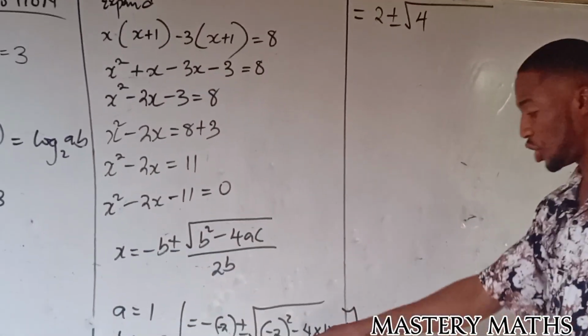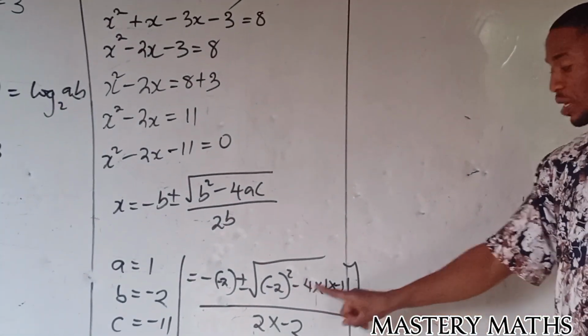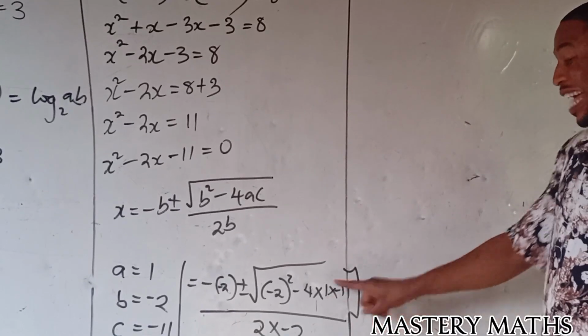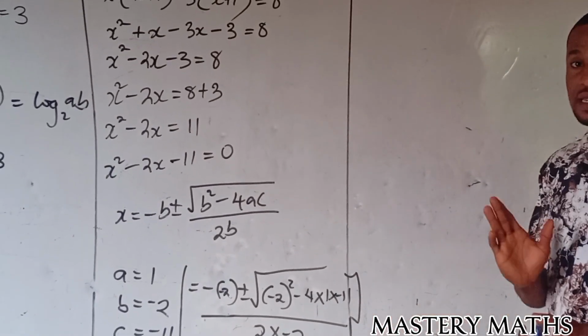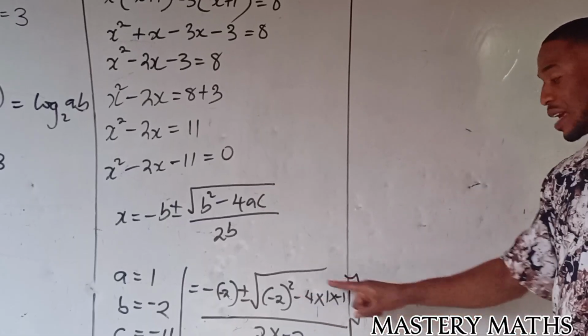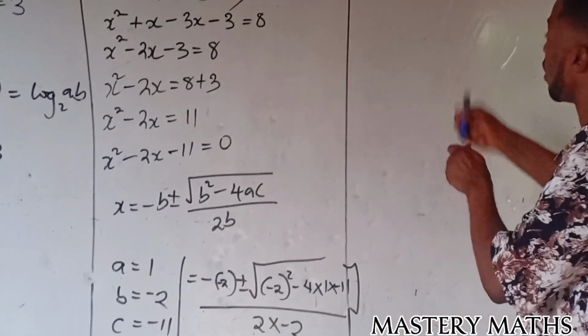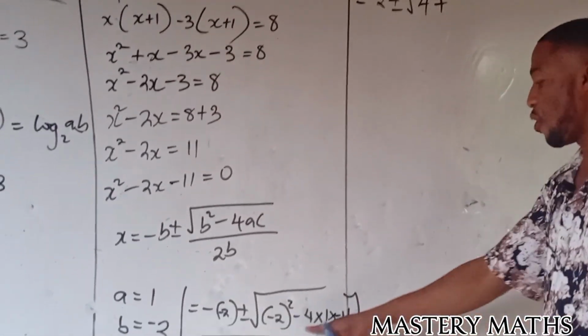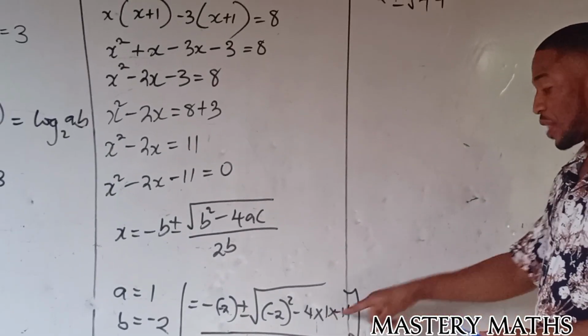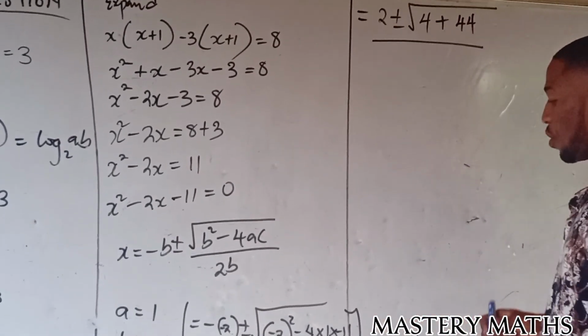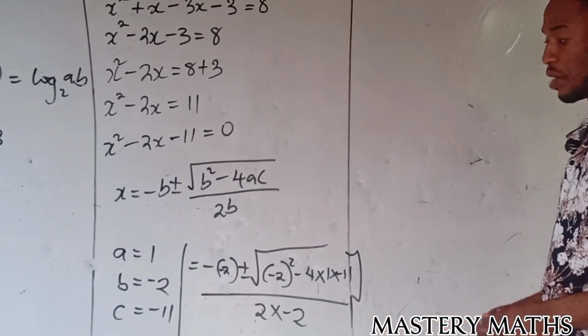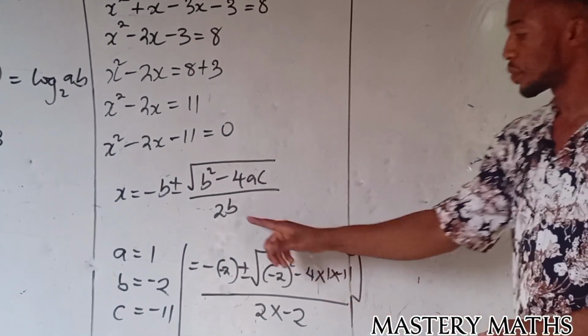Now you have minus 4 times 1 times minus 11. Minus times minus will give us plus. 4 times 1 is 4, times 11 is 44. So you have your 44 all over 2 times minus 2, which is your b.